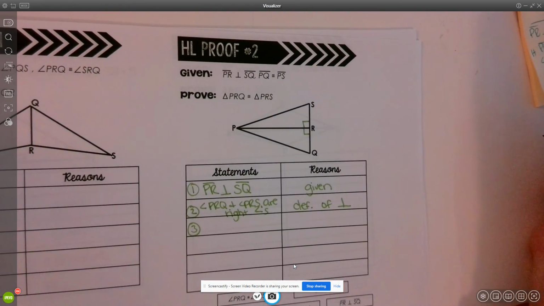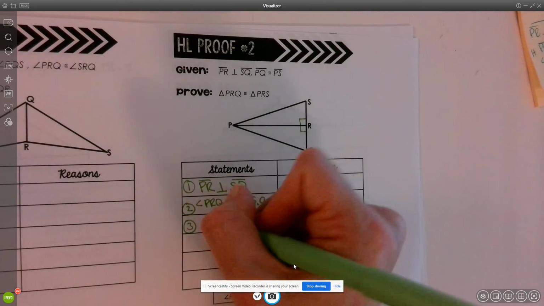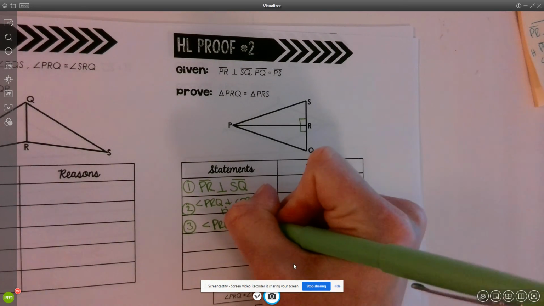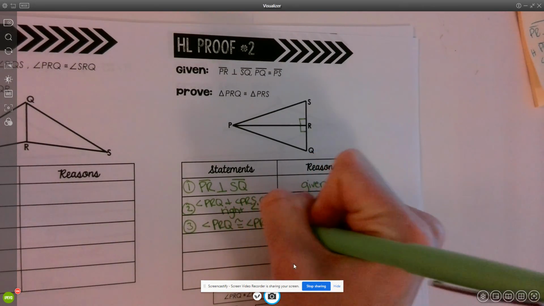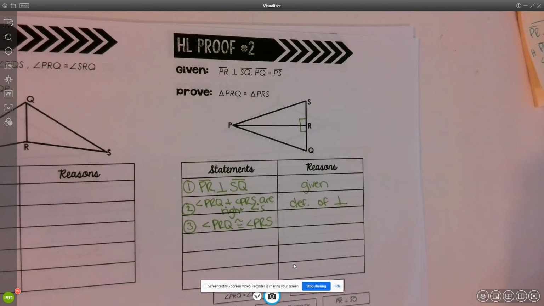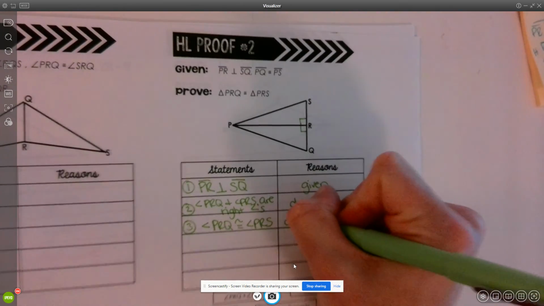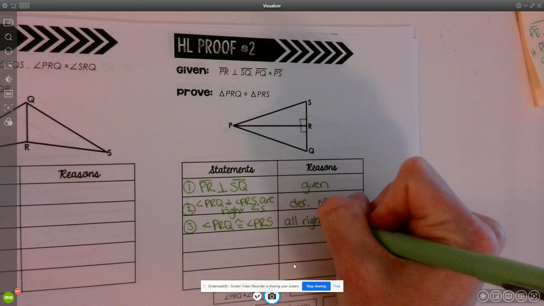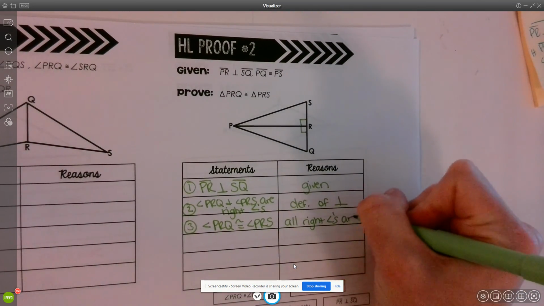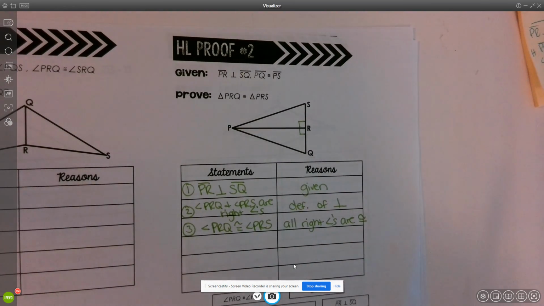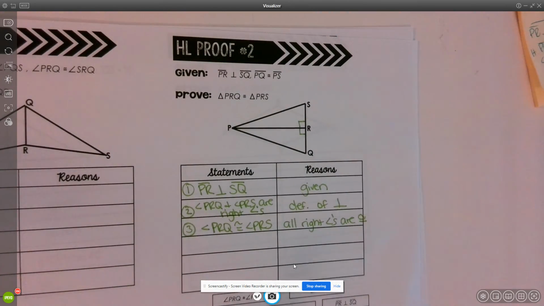And anyway, this isn't a necessary step, but I'm going to add it in here. Angle PRQ is congruent to angle PRS. And that's because all right angles are congruent. You technically didn't need this to be able to do the proof, but I just added it in here.